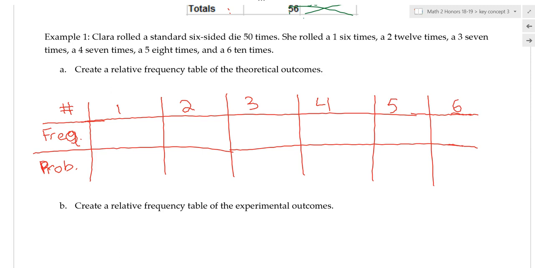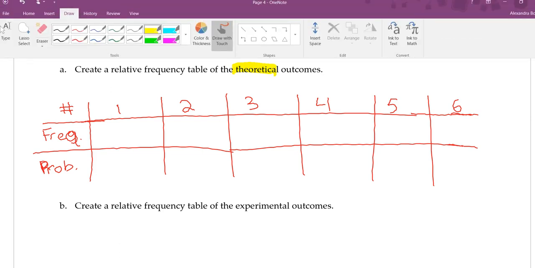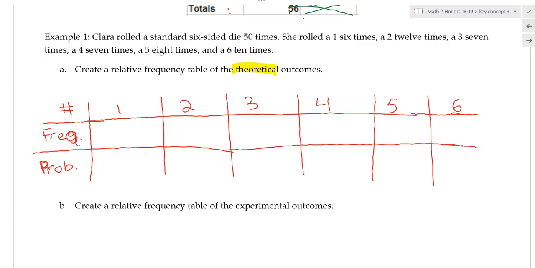This first one that we are creating is a theoretical. So I'm not actually doing anything yet. I'm just thinking about what could happen. How many 1s are on a 6-sided die? There's 1 of them. How many 2s? Sorry, there's 1 of them. How many 3s? 1. How many 4s? 1. How many 5s? 1.